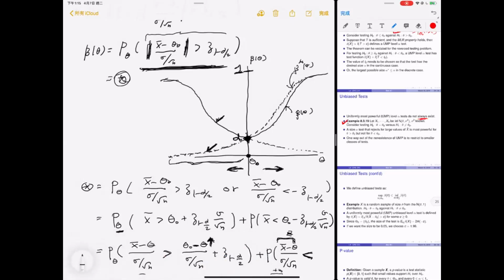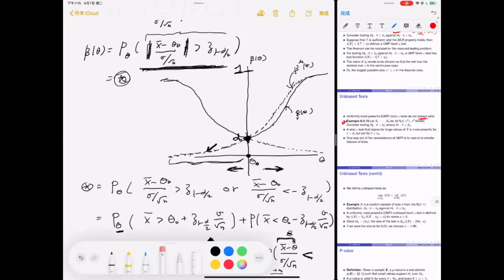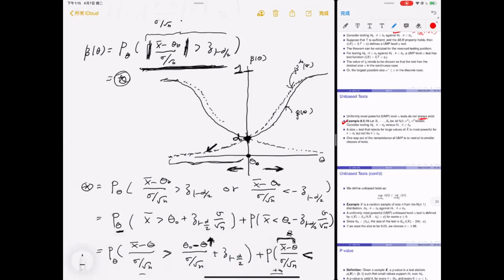Compared to real life right here, when theta is bigger than theta 0, I have no power. But whenever theta is smaller than theta 0, my power is slightly bigger than U, which is this guy right here, only slightly bigger than U.